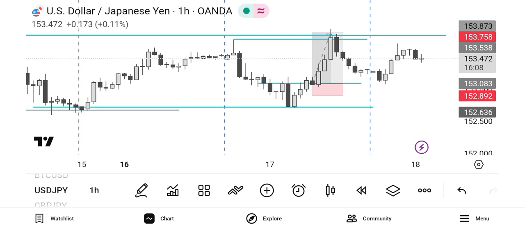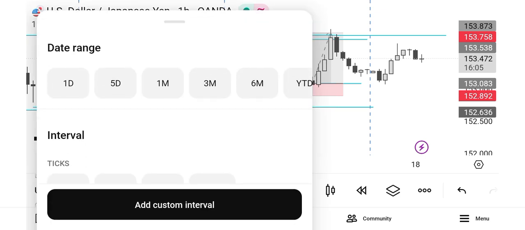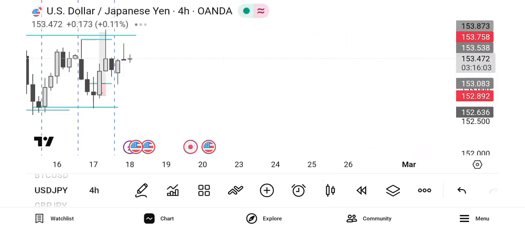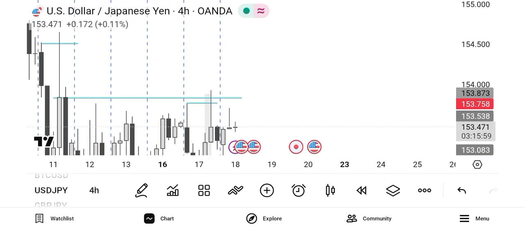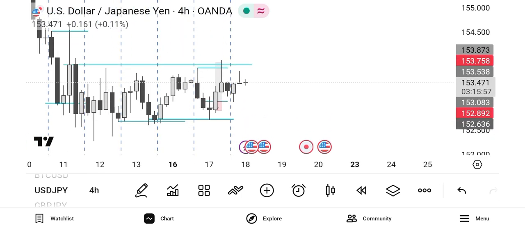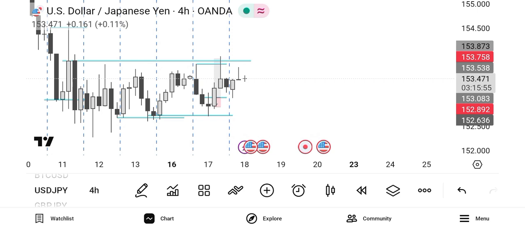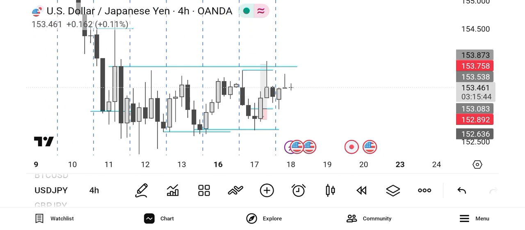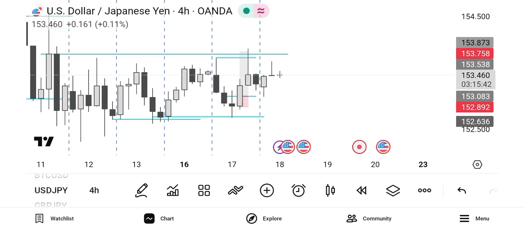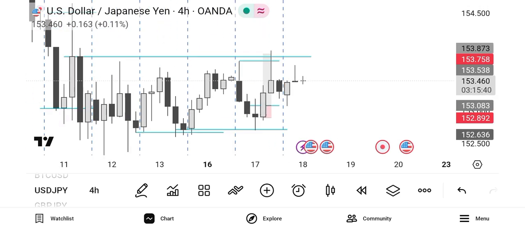So 4 hour time frame. As usual, on the 4 hour we look for what we call a rejection block, also a liquidity sweep. Hope you've seen it or marked it.